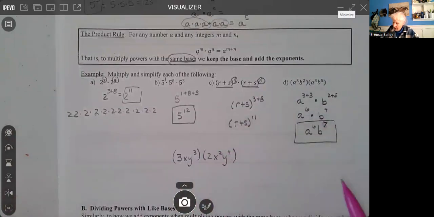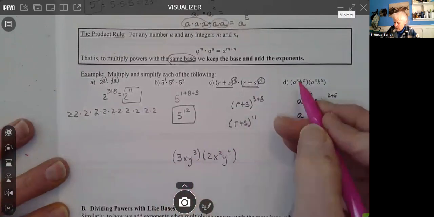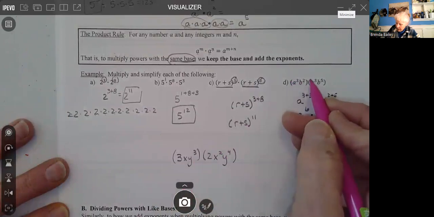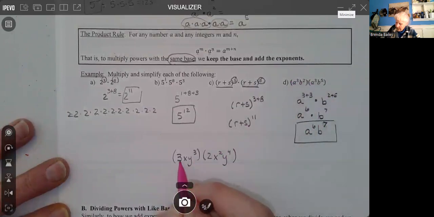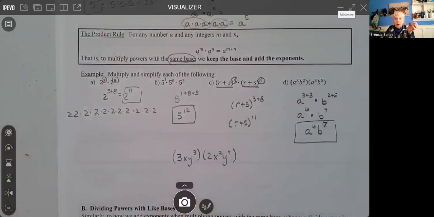Well, there are numbers, we just don't write them in, they're ones. But here we take 3 times 2. They're called coefficients, and we'll be talking about that as well in the next video. But you multiply these numbers that are in front that are not exponents. The 3 and the 2 are not exponents. So we can multiply those together and get 6.